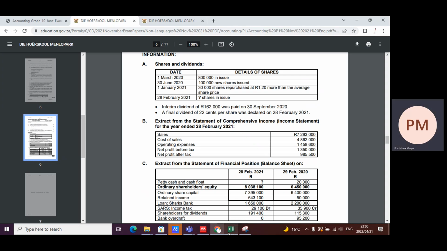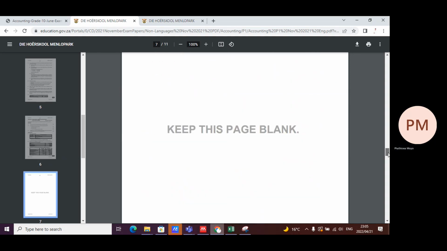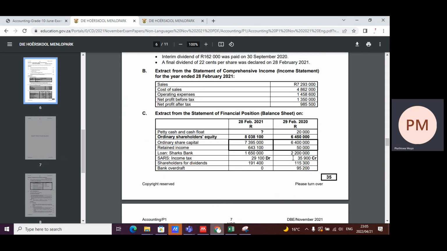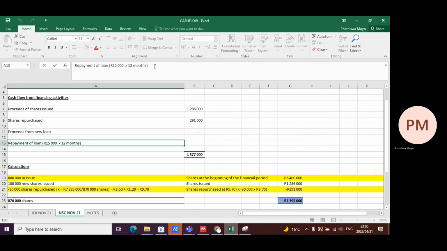Proceeds from a new loan. So in fact here we didn't get a new loan, we actually paid. So let me remove this. So we need to show our method.